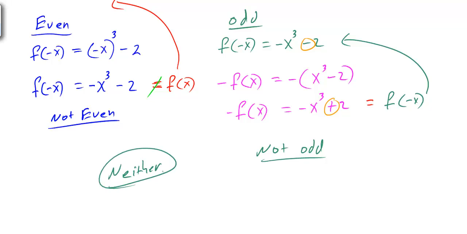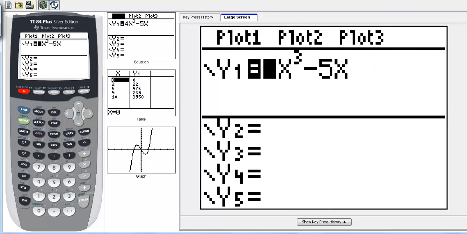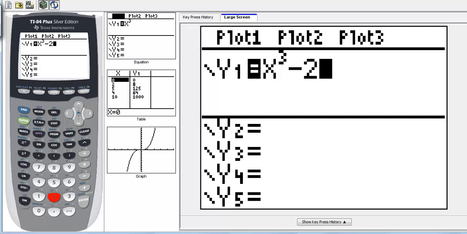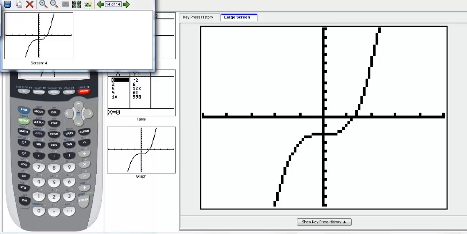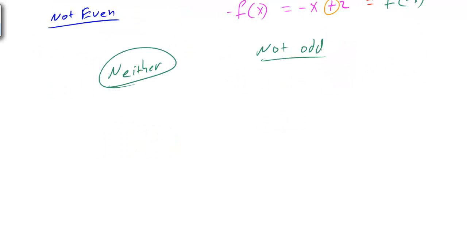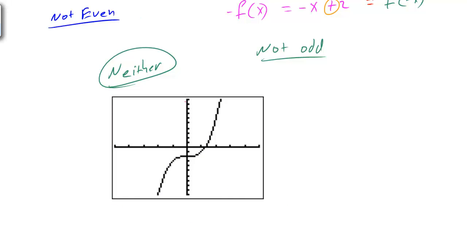So graphically, what that means is it is not symmetric with the y-axis, and it's not symmetric with the origin. And if we were to look at the graph of this equation, x cubed minus 2, we could see from the graph here that it is not going to be symmetric with the y-axis or the origin, because if we were to look at the y-axis, clearly here's your y-axis.